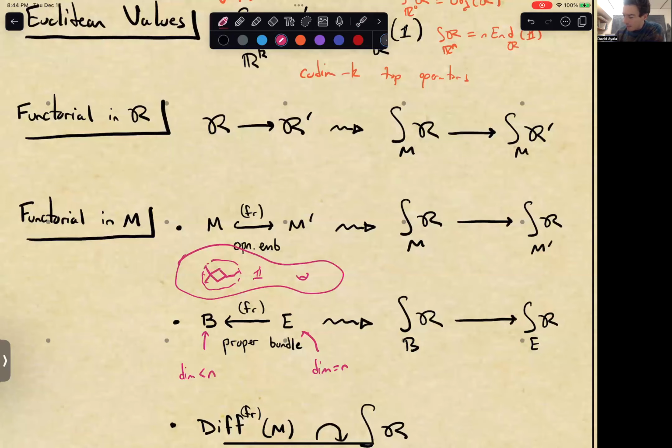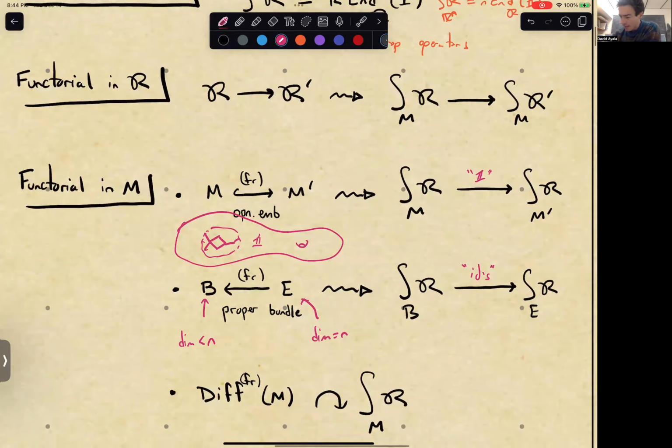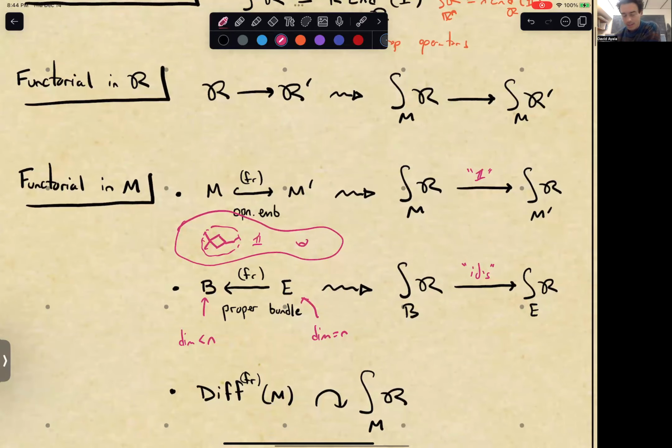And that gives a map the other way. This is kind of like degeneracies or identities, and it captures, in some sense, the anti-collision moves. And more functoriality in R is that factorization homology is continuous.